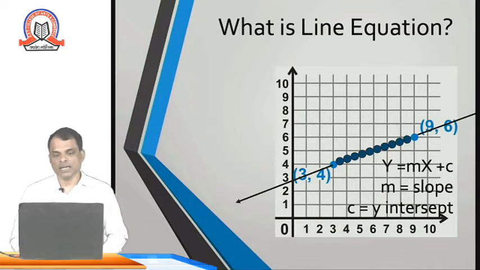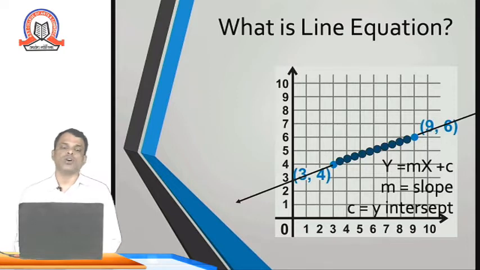After understanding what is a line and segment, we will try to understand the line equation. Here you can see I have written y is equal to mx plus c. This is called a line equation. In this equation, m is the slope of the line and c is the y-intercept.